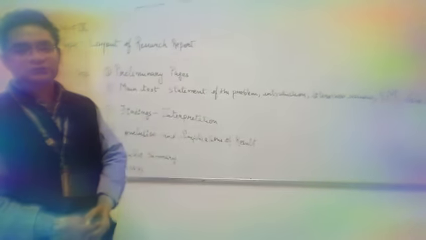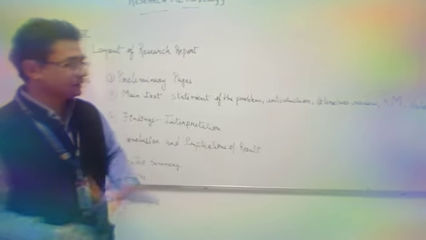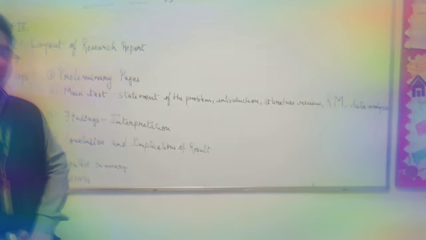Then we have to go for the data analysis. In the data analysis, we can use computer software like SPSS or Excel. If you go for Excel, you can simply put in tables and collect the data. We are assuming that the data has already been collected in the proper way.